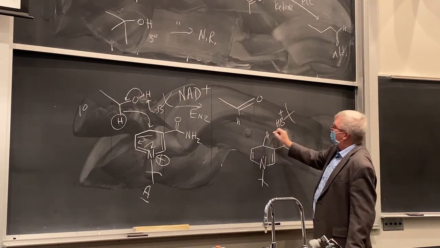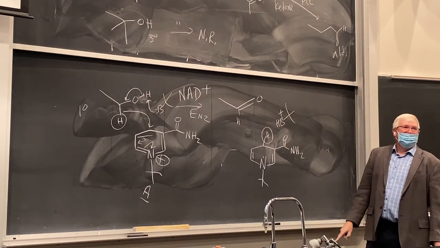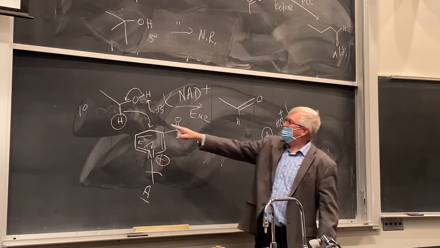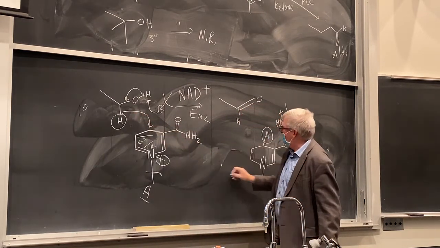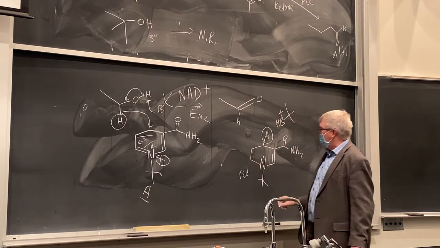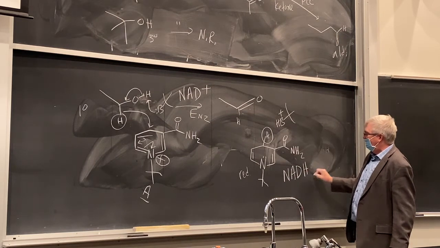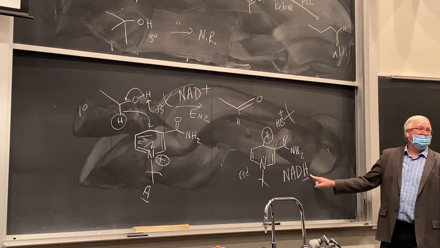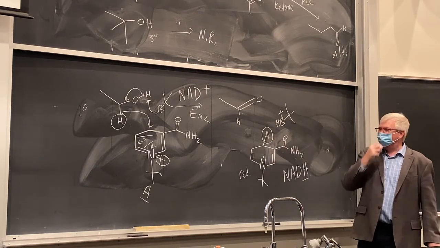And look, this hydrogen right here that was circled ends up right there. Okay. So we took the hydrogen with its electrons, this movement of electrons. We reduced the NAD+. This is now NADH. You've probably seen that cofactor too. That has the hydrogen on the pyridine still, okay?